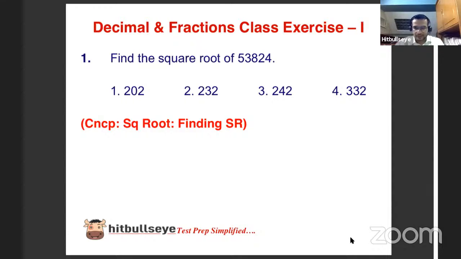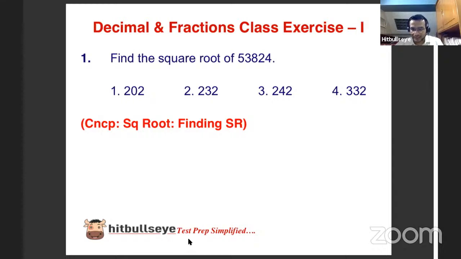Okay, I can see answers coming as 232 by number of students. Last 5 seconds, students, I'll move to the next question. We'll come back to this. This is a drill happening. Quick 3 questions and see how many of you can solve all 3.